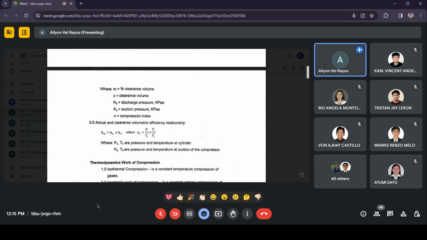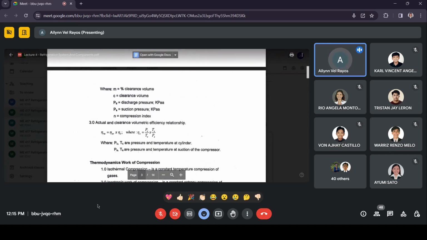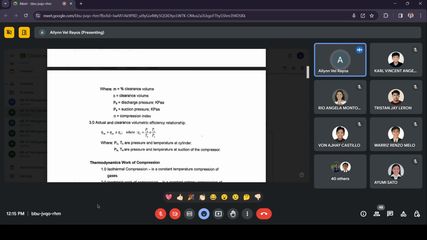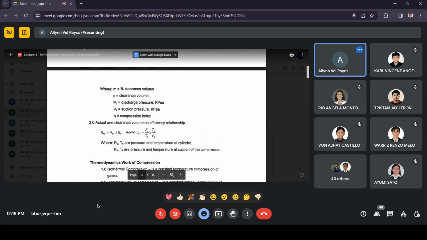PC and TC are the pressure and temperature at the cylinder. PS and TS are the pressure and temperature at the suction of the compressor. If these items are not given, assume the efficiency sub S is 100%. Therefore, the actual volumetric efficiency is equivalent to the clearance volumetric efficiency. That is why we equate them.